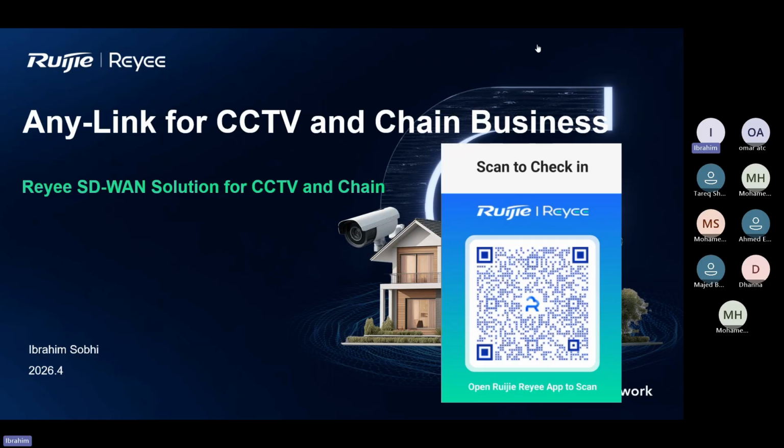And after that, we can apply together how to configure the SD-WAN from the Ruijie Cloud. So please make sure that you already downloaded the Ruijie Reyee application, and scan this QR code and apply the feature and configuration that we will explain together, inshallah, today.